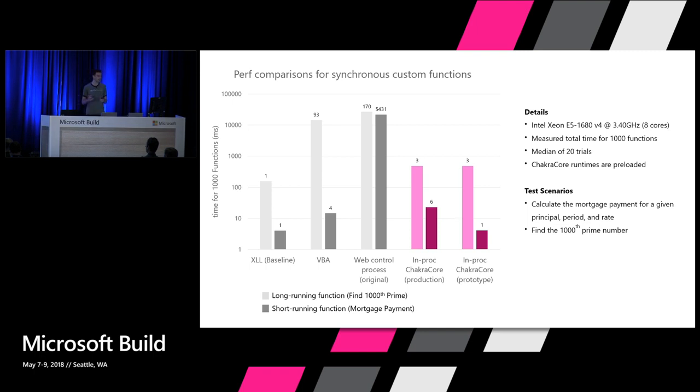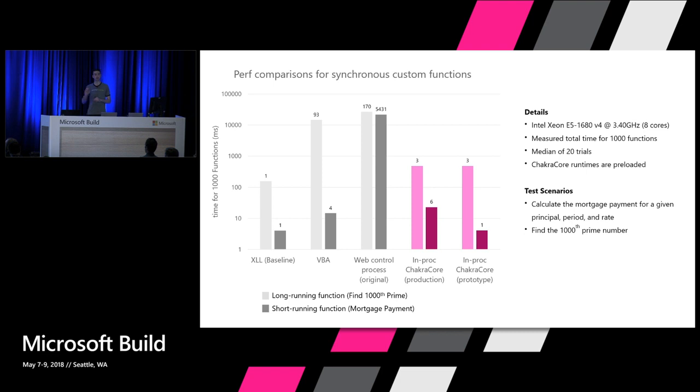And what you'll see is that is very high, in other words, poor performance numbers comparatively, if you wanted to calculate these in a web control process. That's the two high bars in the middle. But we have improved the performance by orders of magnitude by integrating Chakra Core.